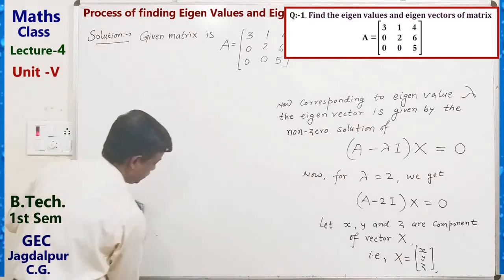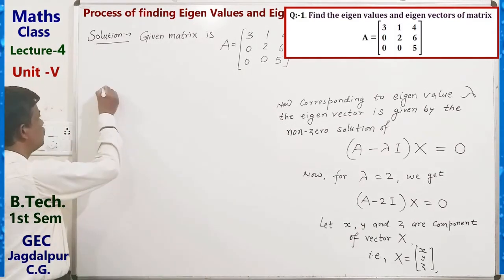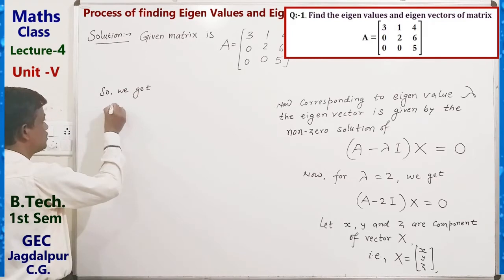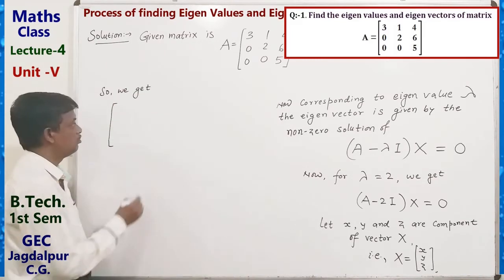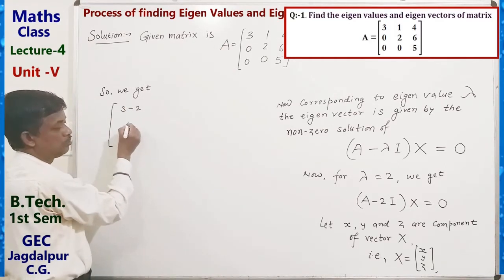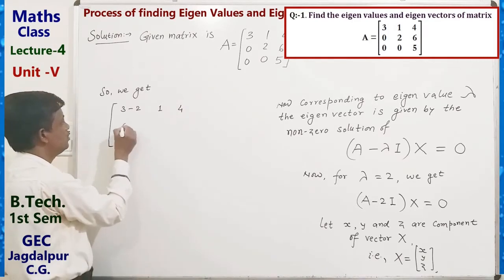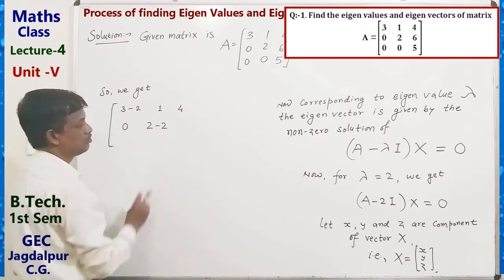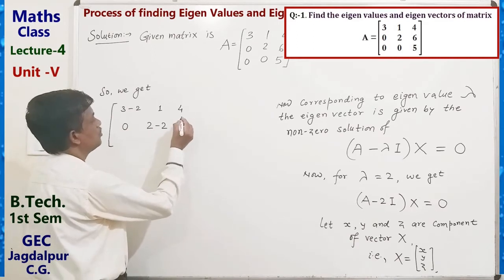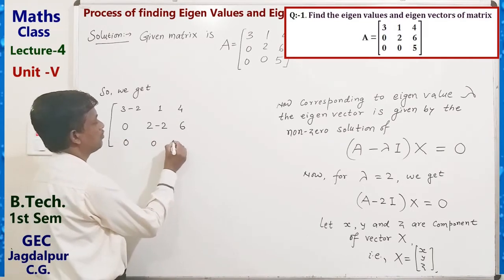So the matrix A minus 2I means: 3 minus 2, 1, 4; 0, 2 minus 2, 6; 0, 0, 5 minus 2.